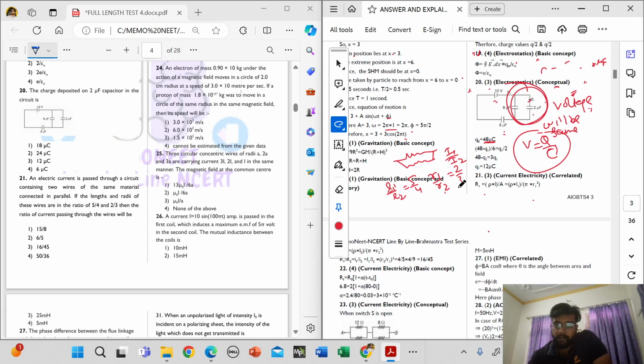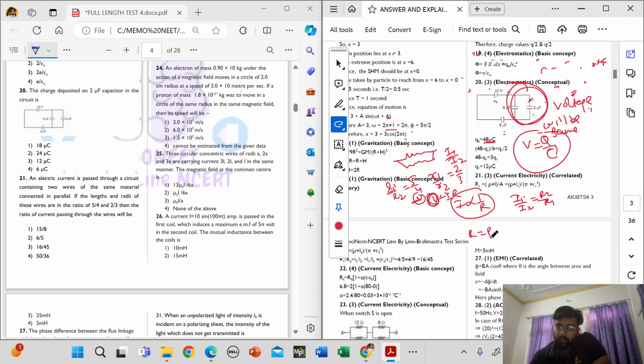Here, see, these are parallel. They will have the same voltage. V is equal to IR. This will be constant, so I will be inversely proportional to the resistance. So I1 upon I2 is equal to R2 upon R1.